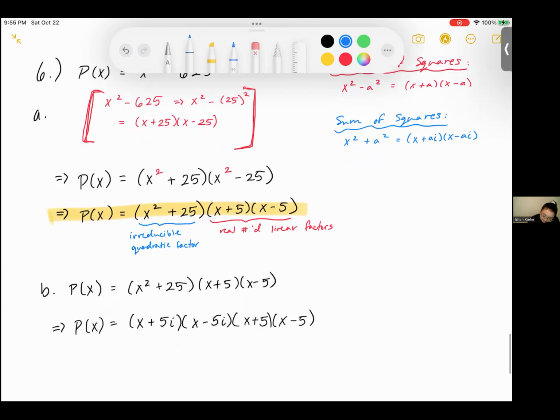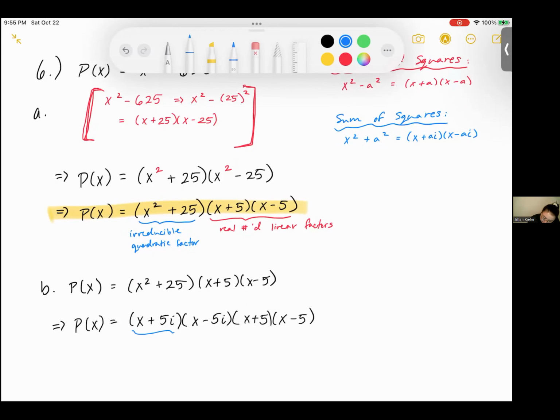And what we see here is that we now have complex numbered linear factors, and we still have the real numbered linear factors as well. So in this case, this would be your answer for part B.